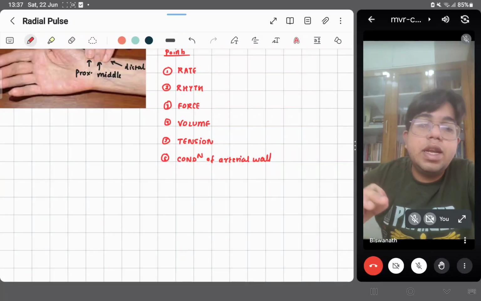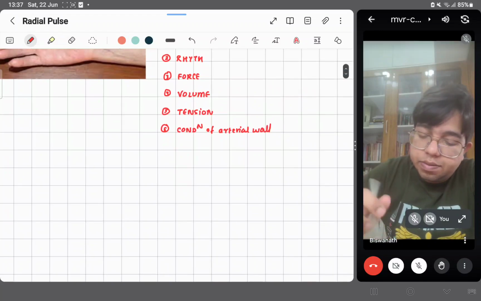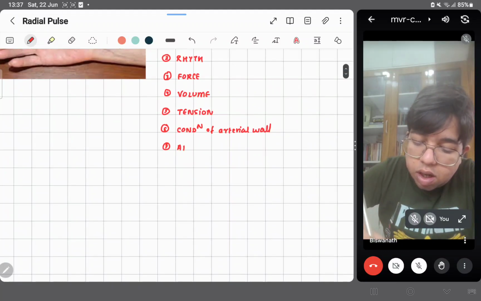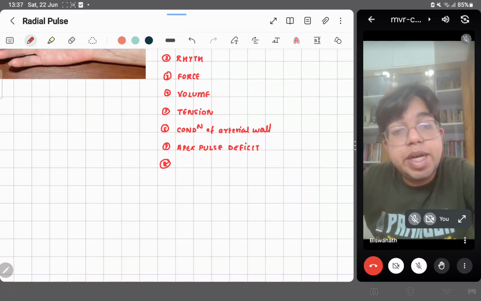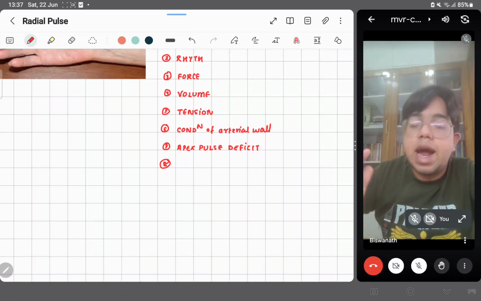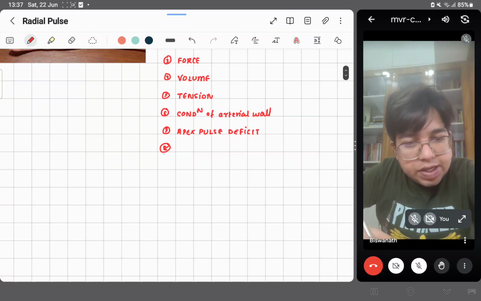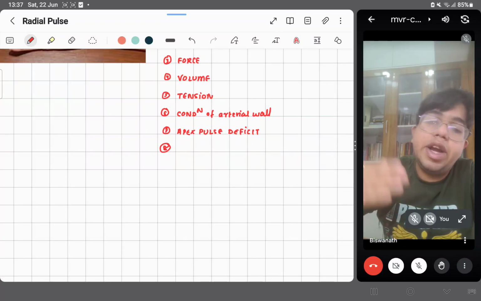Then we'll see the apex pulse deficit. Apex pulse, apex beat, you must have been knowing. And as I told, we'll check delays also: radial delay, radio femoral delay.